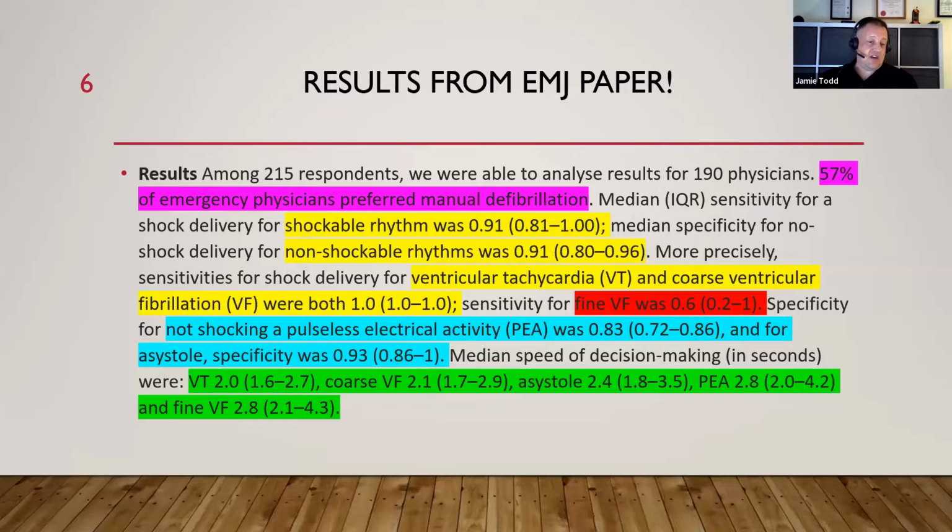And certainly a longer time for those labeled as fine VF as well, as people looked at it a little bit harder before they made the decision. So definitely, I think overall quite reflective of our results. Ours were not a million miles away from that. So I think that's quite interesting.